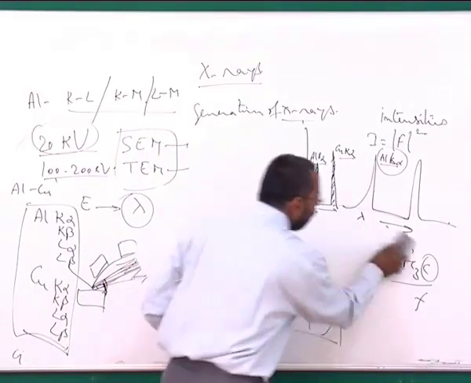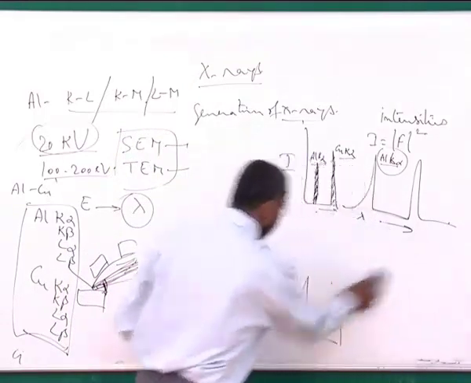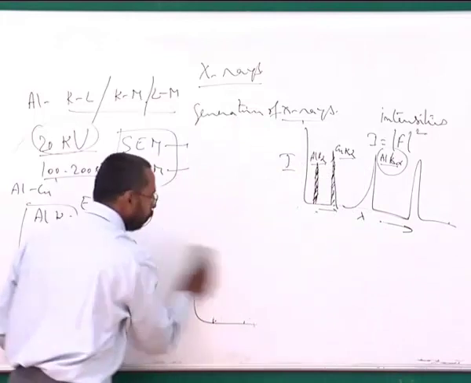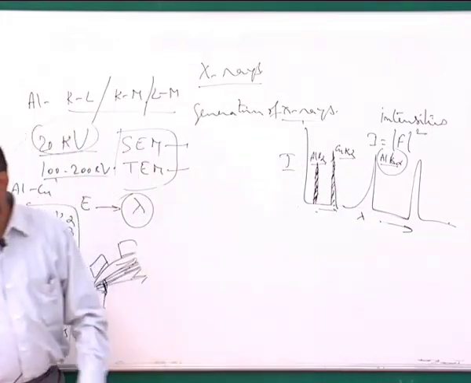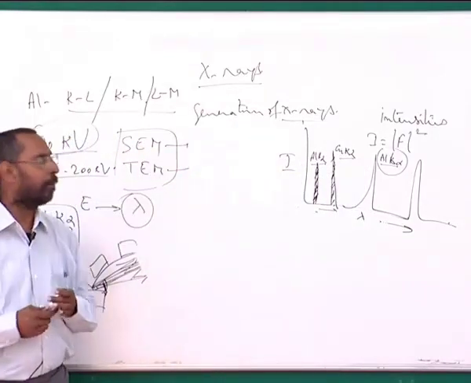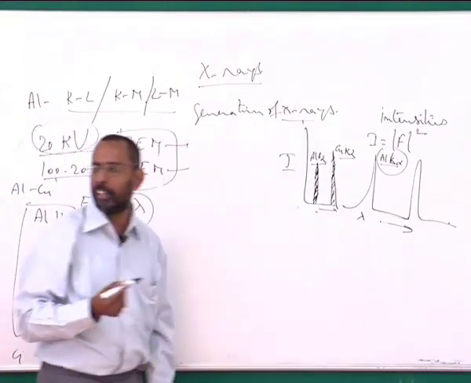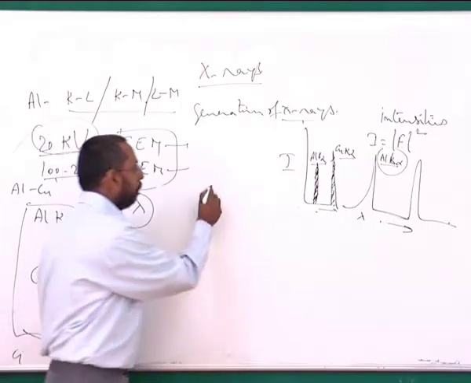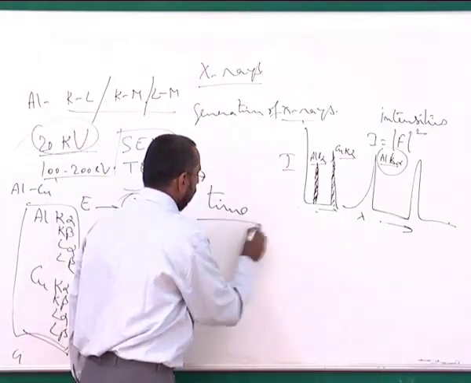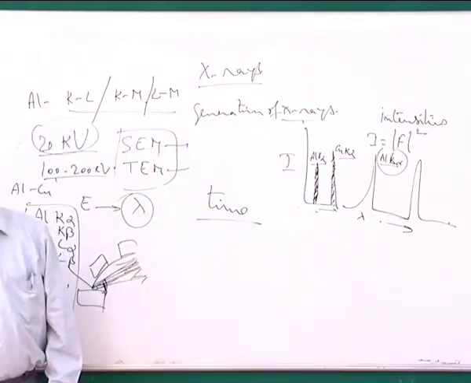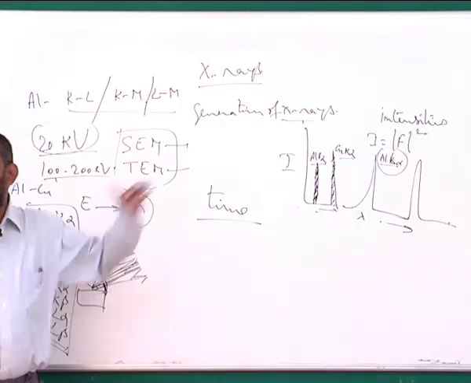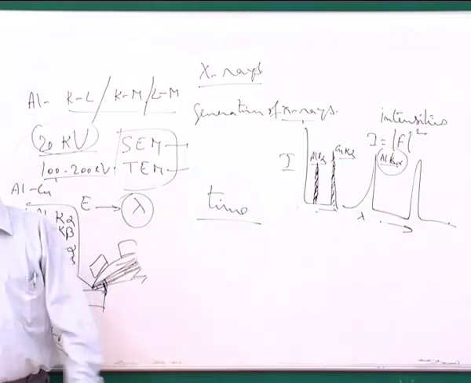So this is all about how to use wavelength dispersive, where I am using the wavelength as the measure of the X-rays that are coming out. But the problem with this technique, as I mentioned just now, is the time. It takes a long time. Every spectrum collection will be a minimum of half an hour to 1 hour.